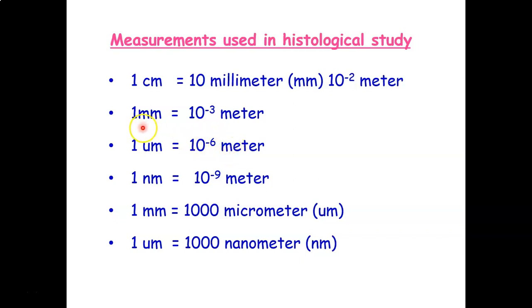If we go a little larger, 1 millimeter is 10 to the power of minus 3 of the meter. And 1 centimeter equals 10 to the power of minus 2 of the meter. That is one hundredth, one thousandth, and one millionth of the meter, which is the micrometer, the most commonly used unit here.